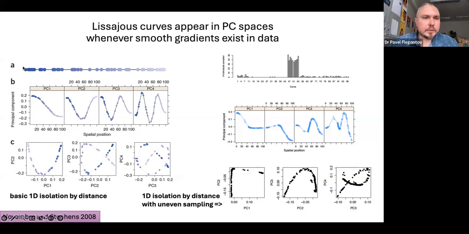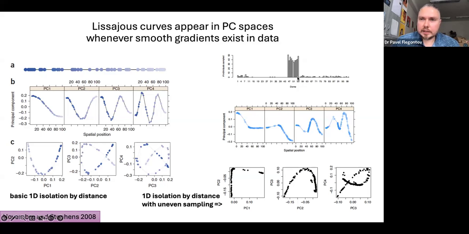They show that if we take a one-dimensional string of demes with gene flows of the same intensity between nearest neighbors, and then construct PCA biplots, let's say PC1, PC2, or PC2, PC3, PC3, PC4, for this set of individuals, they all lie on so-called Lissajous curves.